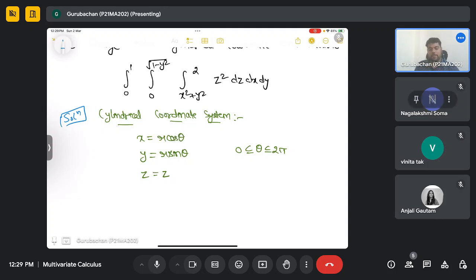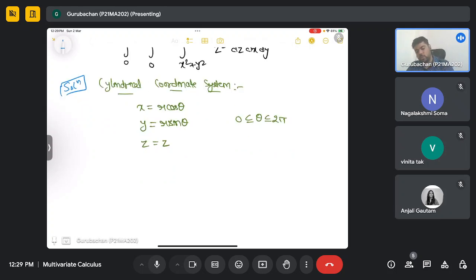So in order to change this into the cylindrical coordinate system, we know that we have to calculate the Jacobian, and the Jacobian is d(x,y,z) divided by d(r,theta,z).